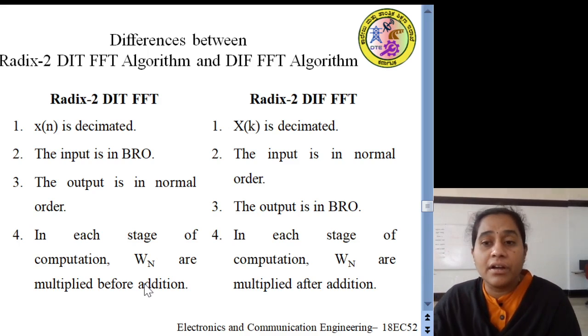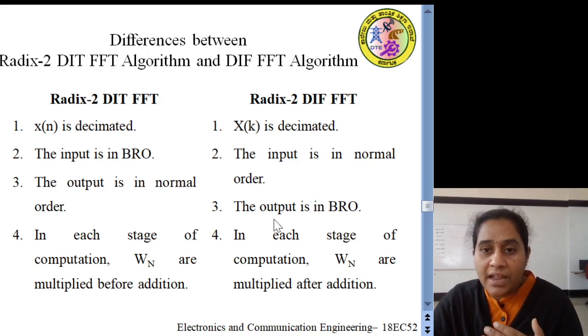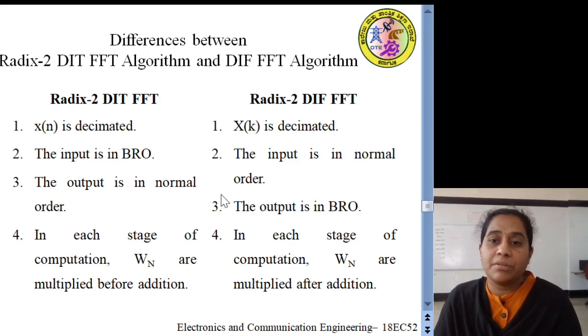But in the radix-2 DIF FFT algorithm, at each stage of computation, the twiddle factors are multiplied after addition. So these are the main differences between the radix-2 DIT and DIF FFT algorithms.